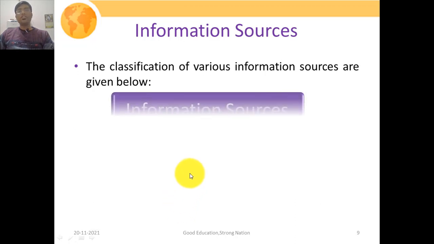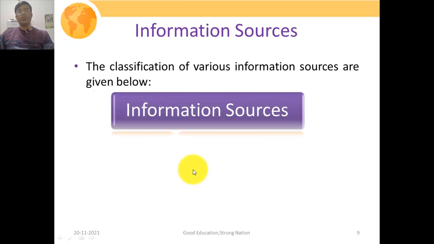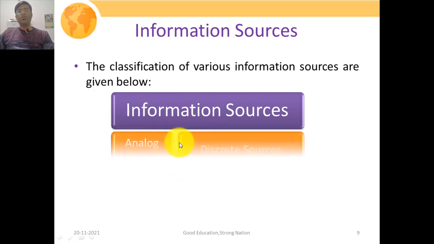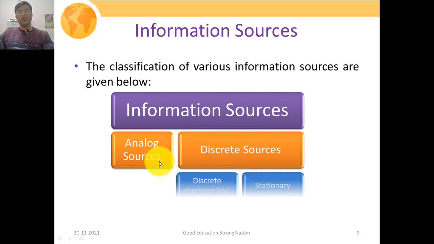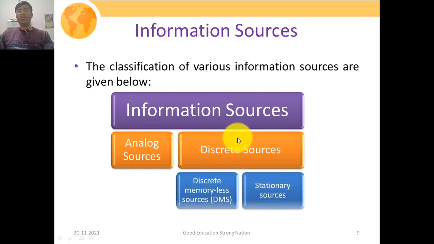The classification of various information sources is given below. An information source is broadly classified into two types: those generating analog information and those generating discrete information. Since we are considering digital information sources here, a discrete information source is again classified into two types: the discrete memoryless source, or DMS, as we discussed in the previous slide, and the second one, stationary sources.